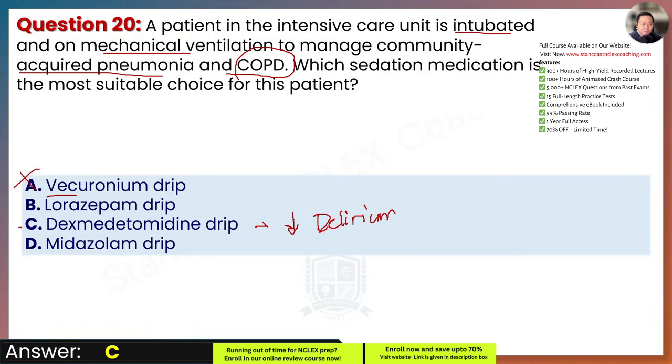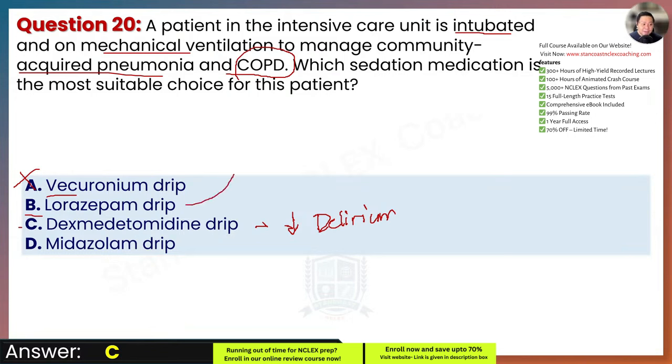Okay? Now, what about letter B, lorazepam drip? Why is this incorrect? We know that this is a benzodiazepine. Yeah, we know that this can provide sedation, but it's not the best choice for ICU ventilation. Why? It lasts longer, it increases delirium risk, and it can slow down the weaning process.